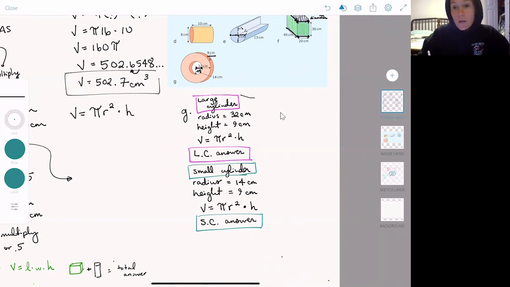Okay, so when I'm looking for the volume of that ring, what I want to do is take the volume of the large cylinder and subtract that inside space that is nothing.